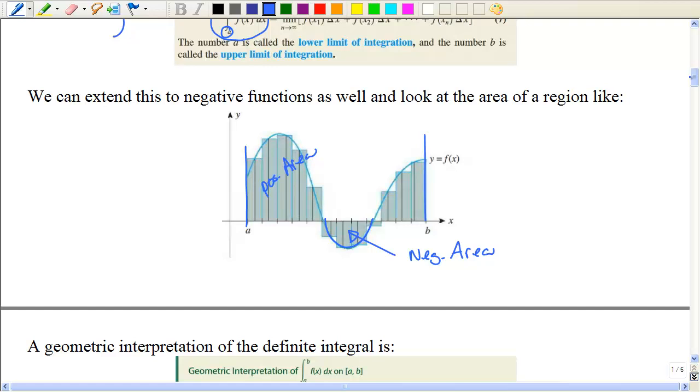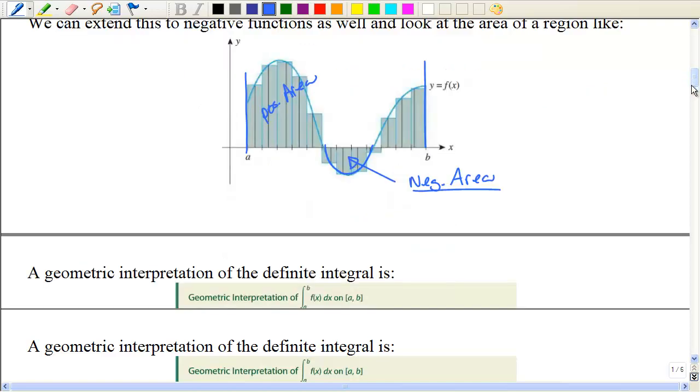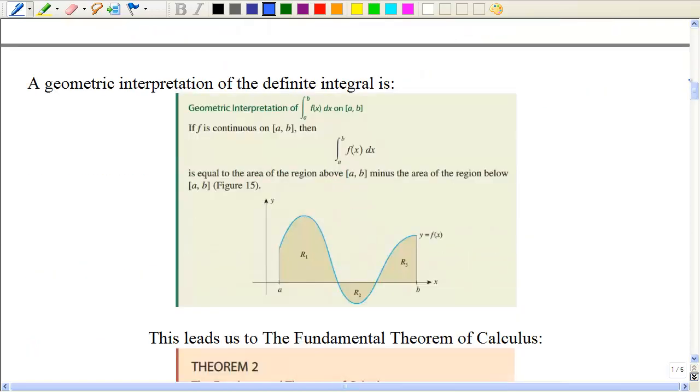But just because of the graphical representation, we can sometimes look at that as a negative area. And so this definite integral from a to b gives us the geometric representation. If we add these regions, R1, but subtract R2 plus R3, that would give us the area bounded by f of x between the vertical lines of a and b.